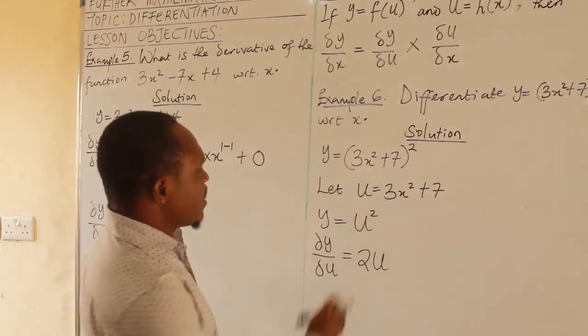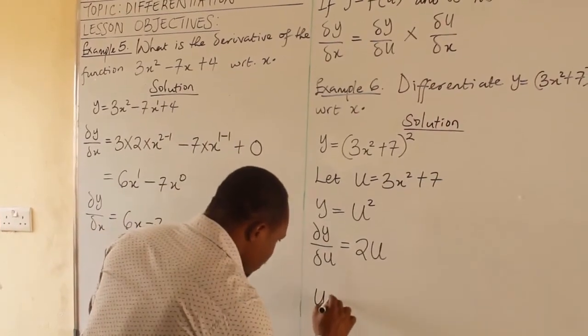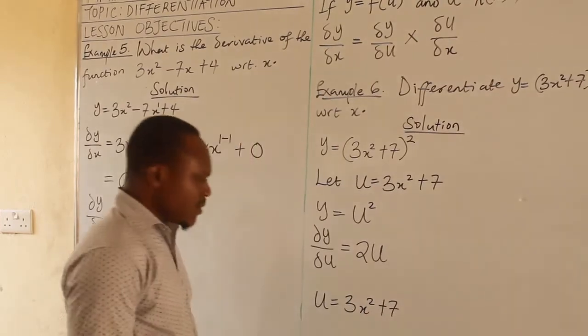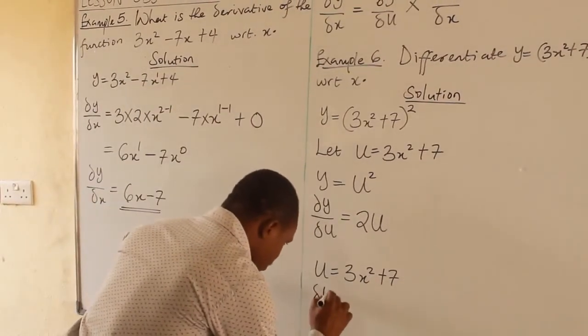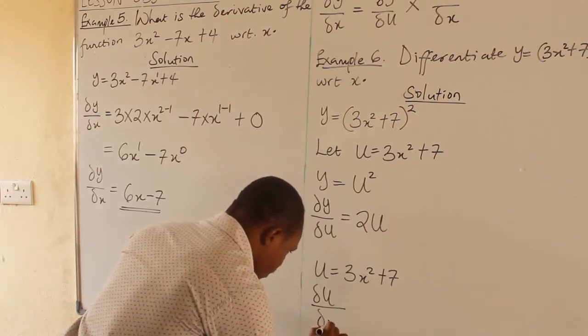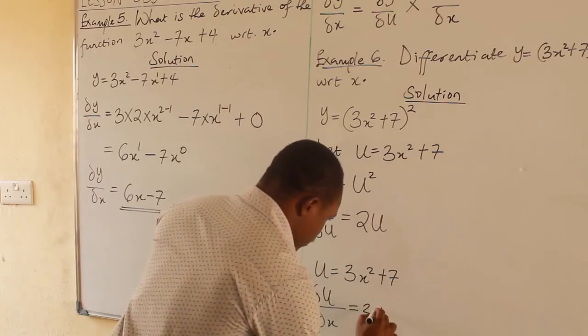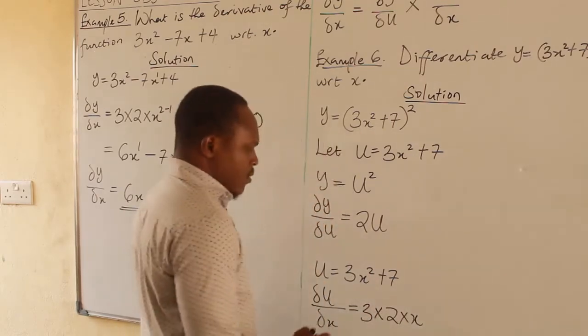Now looking at this, we said let u be equal to 3x squared plus 7. If u is equal to 3x squared plus 7, then differentiating u with respect to x, that will be du over dx, that will be 3 times 2 times x.